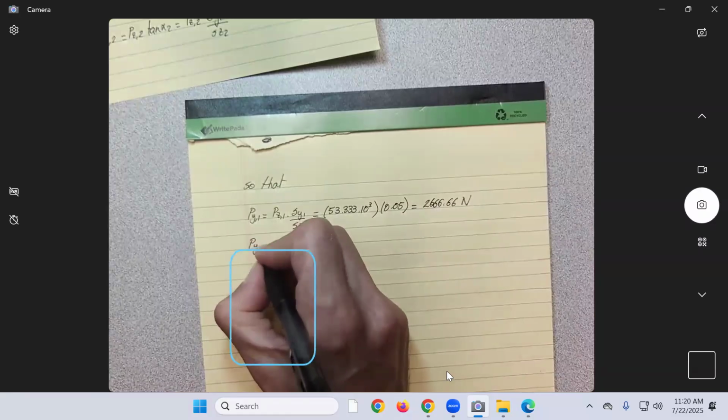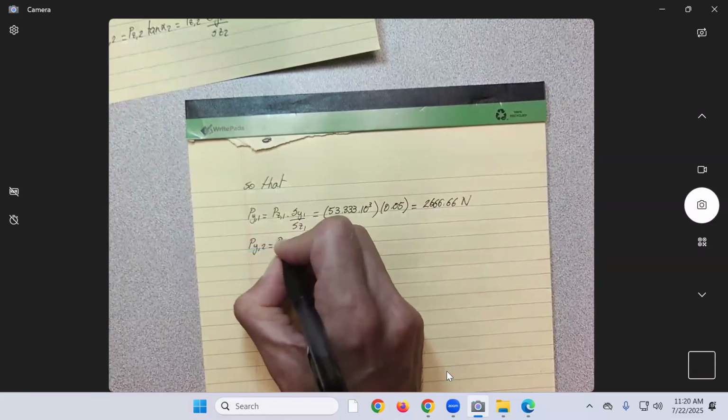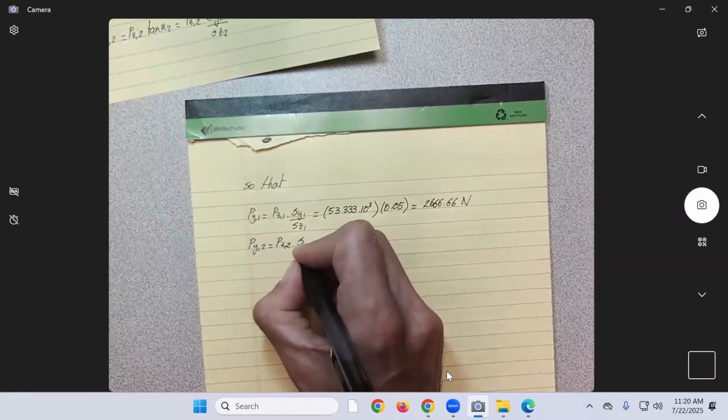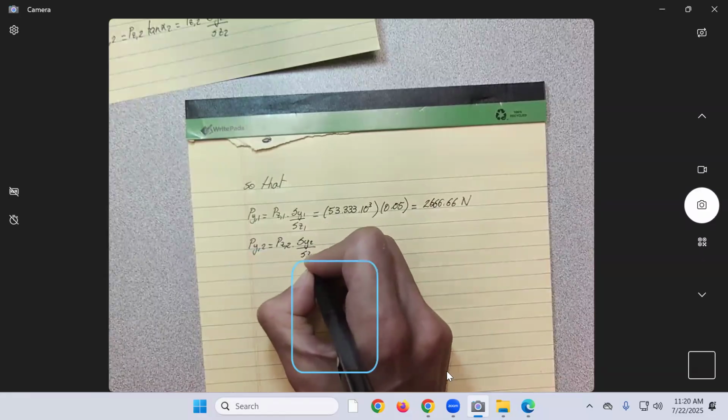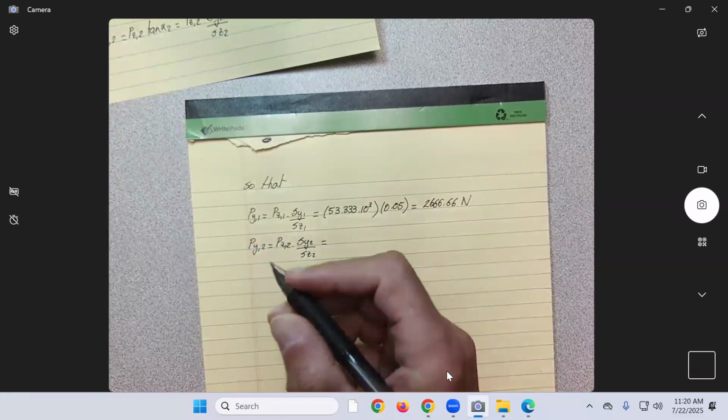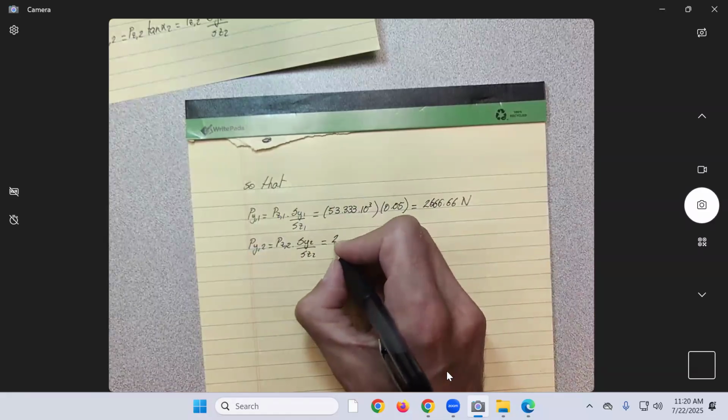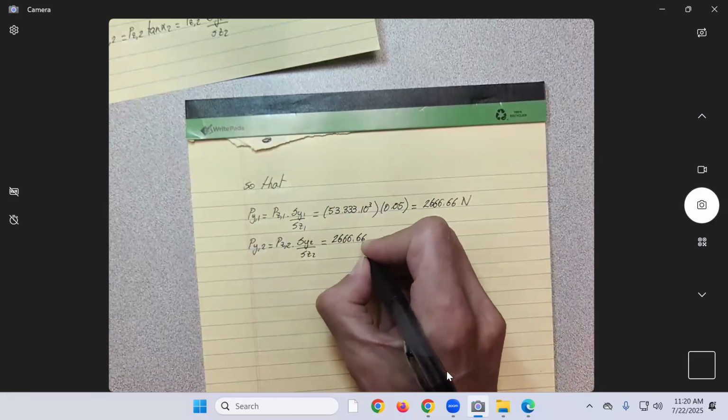Similarly, you can do Py2 equal to Pz2 delta Y sub 2 over delta Z sub 2, and again this will give you the same thing, 2,666.66.